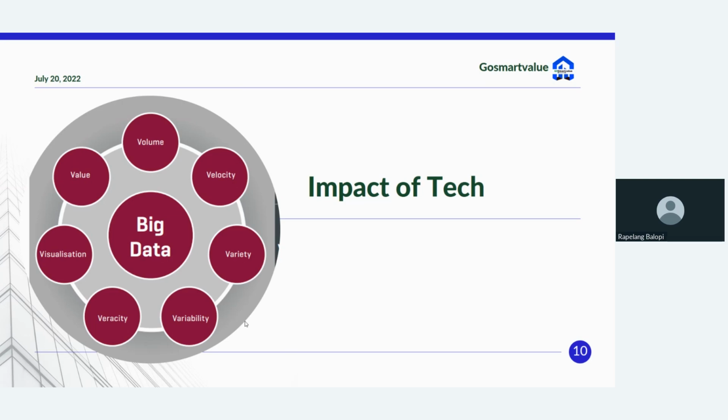So that's the variability of the kind of information that would be available. That makes big data very essential in terms of automated valuations. Visualization: data needs to be represented in a way that can be understood by a client.